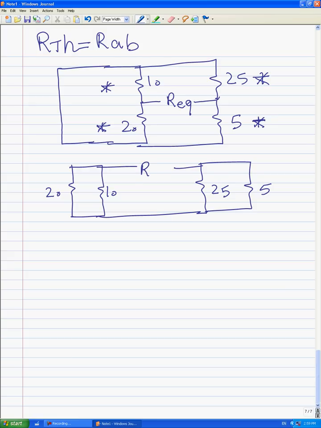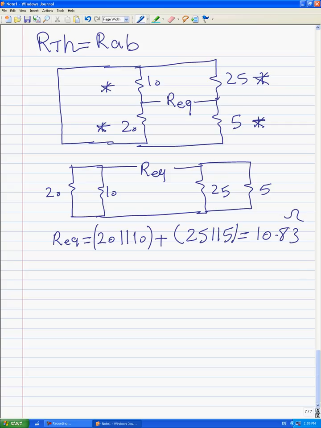And we are finding equivalent resistance here. Equivalent resistance is equal to 20 parallel to 10 plus 25 parallel to 5 and is equal to 10.83 ohms. This is the final answer for equivalent resistance or RTH.